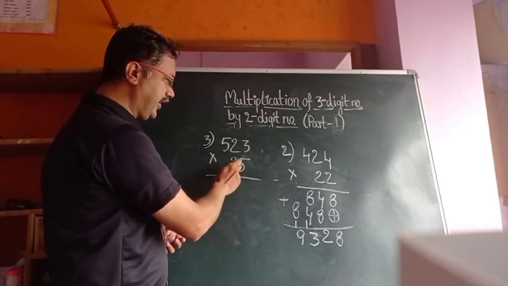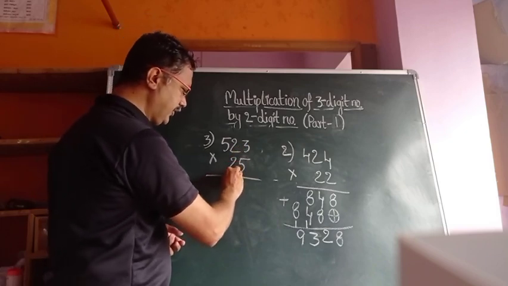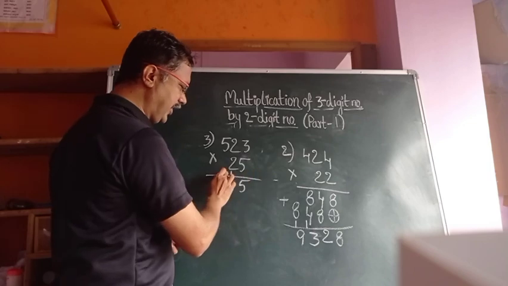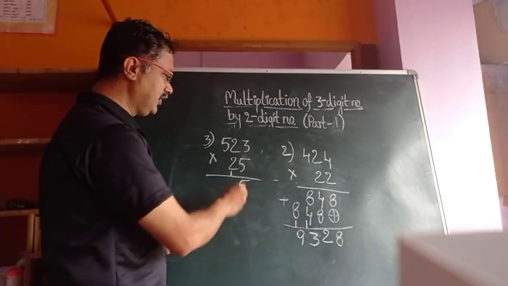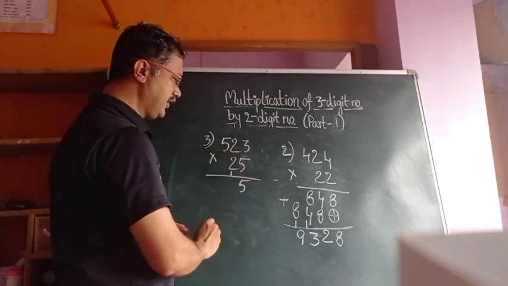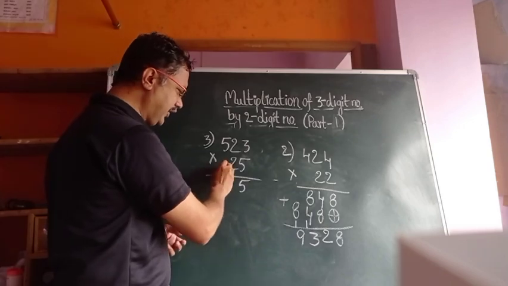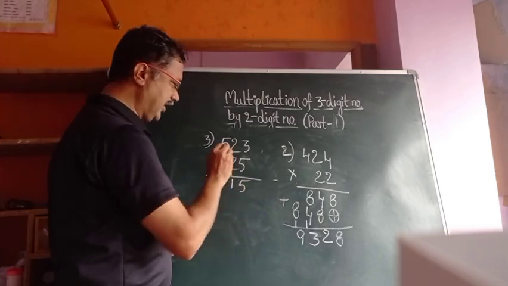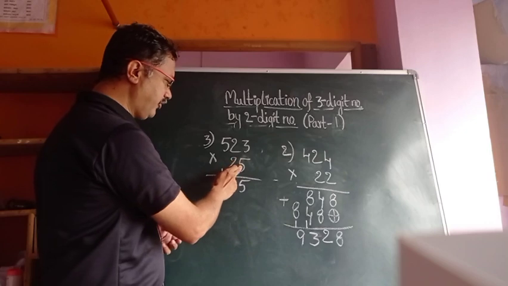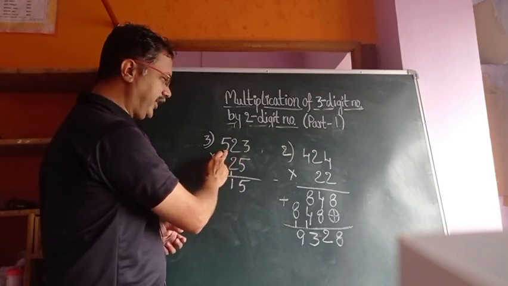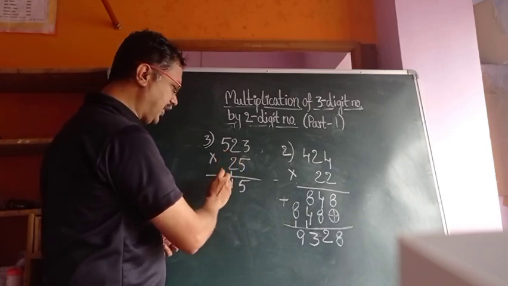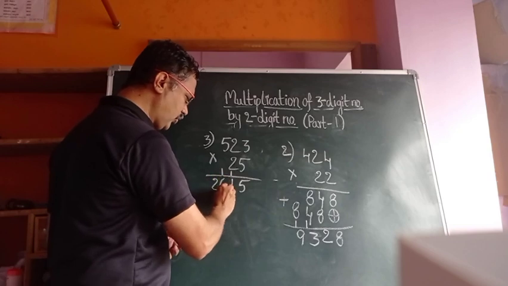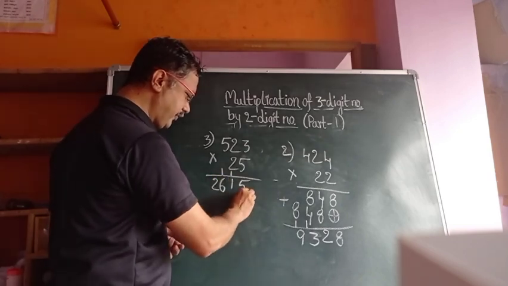Same as usual. 5 3s are 15, 1 I am taking downside. 5 2s are 10 plus 1, 11. 5 5s are 25 plus 1, 26.